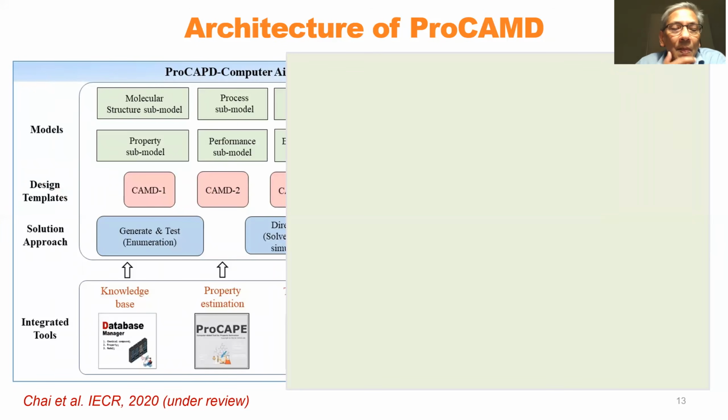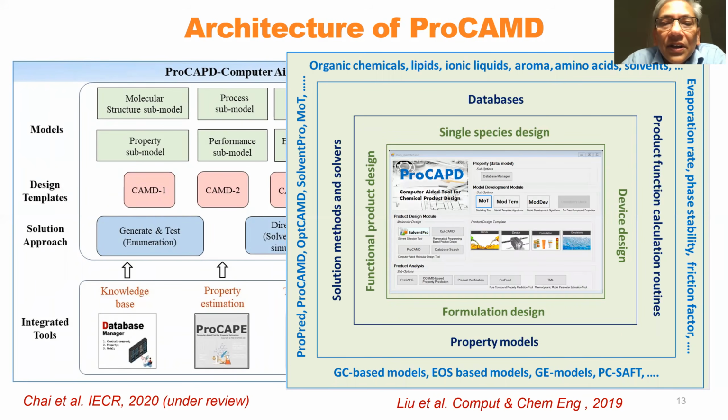The framework for the architecture of ProCAMD is such that you see at the top the models and then the submodels, and these then form the templates for design of different types of products, and then the solution approach. And then the solution approach needs database and property estimations. These are then added. I'm sorry about that block that did not get removed.